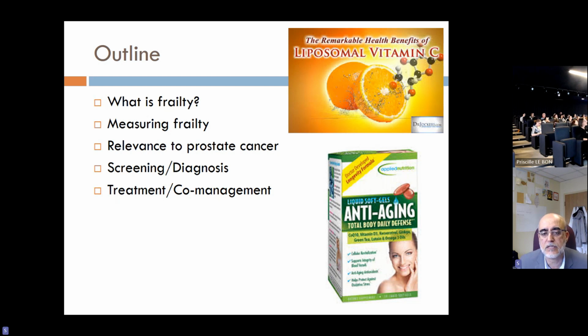Let's talk now about traitement et cogestion. I put up pictures of some of the various medicaments which are advertised in Canada and the United States that people can buy over the counter as a magical way, comment ça veut dire en français, magique, médicament magique, that will reverse aging.